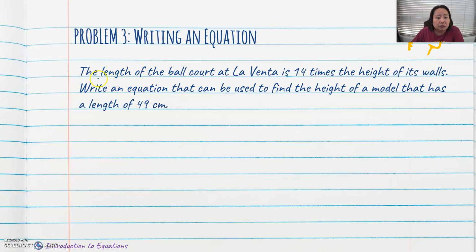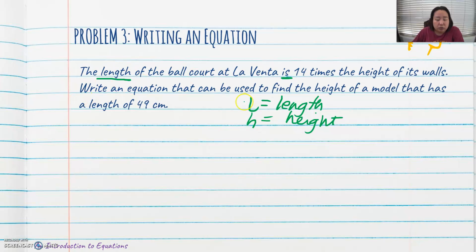Again, L is our length, and it is 14 times the height. So h is going to be our other variable.